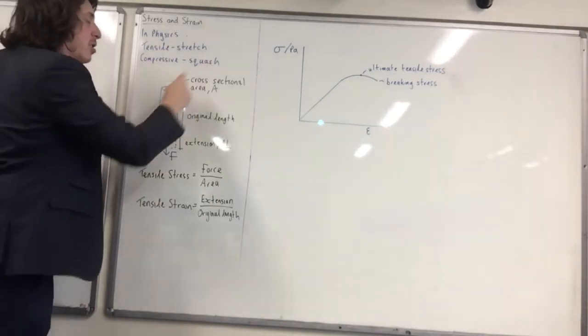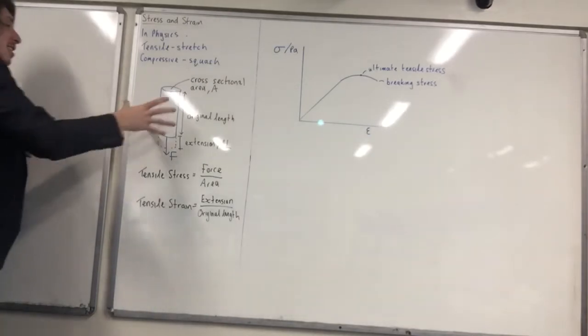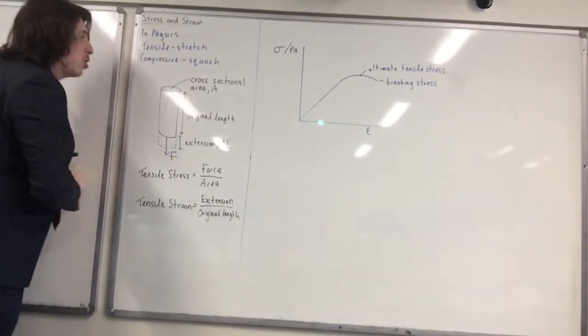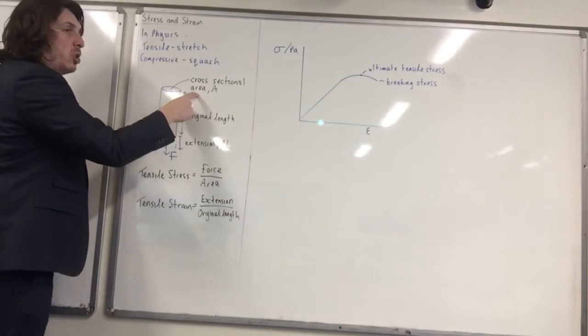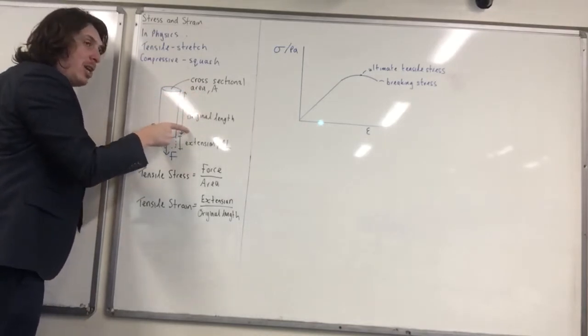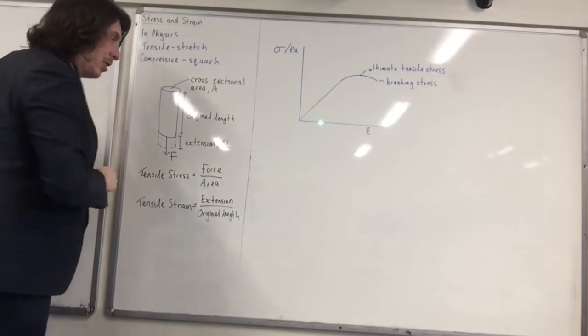Compressive forces are when something is being squashed. So let's take a cylinder, let's say it's a wire, and let's say it's a wire of uniform cross-sectional area. Now the way we check the cross-sectional area is we'd use a micrometer, we'd measure the cross-sectional area in three different places by taking the diameter, using the micrometer, and then we take the average.